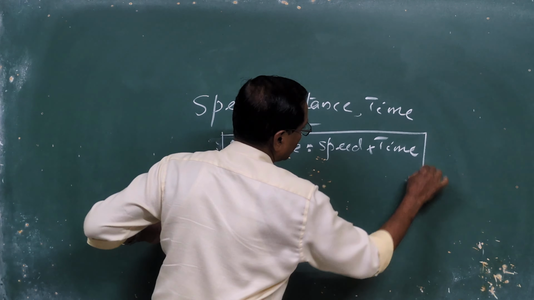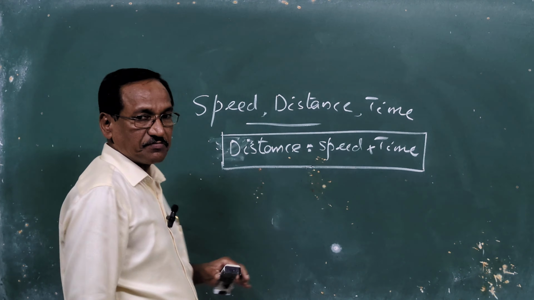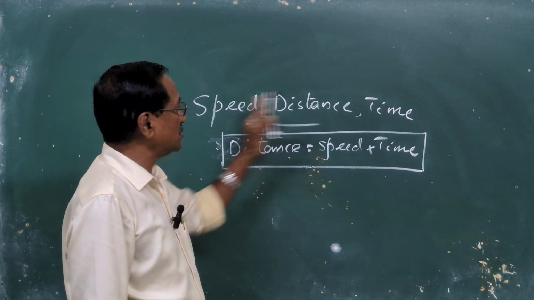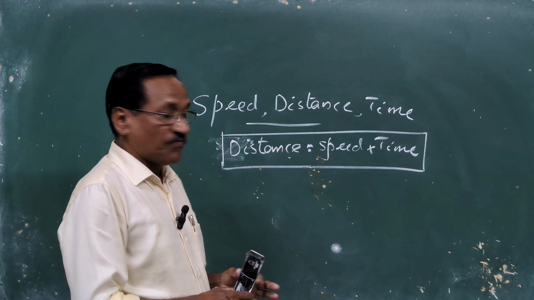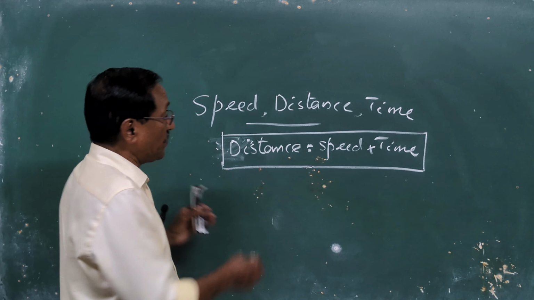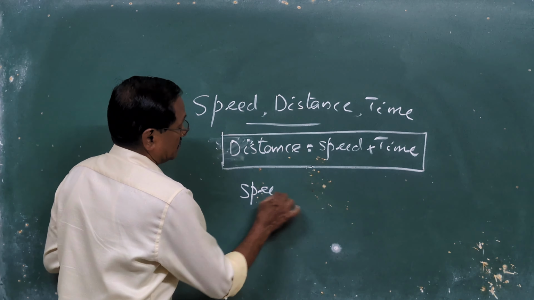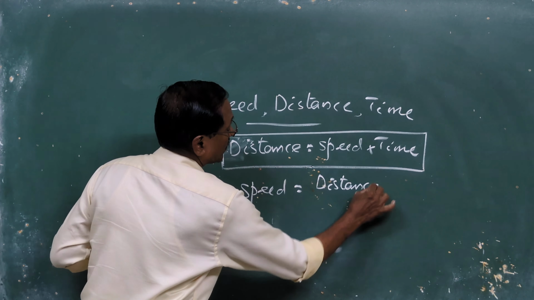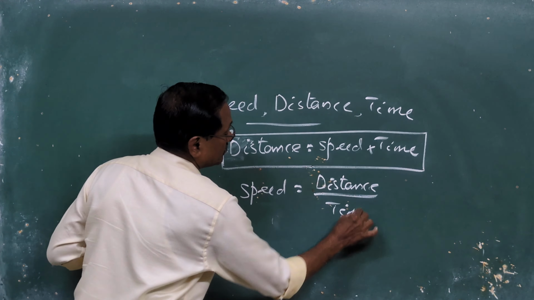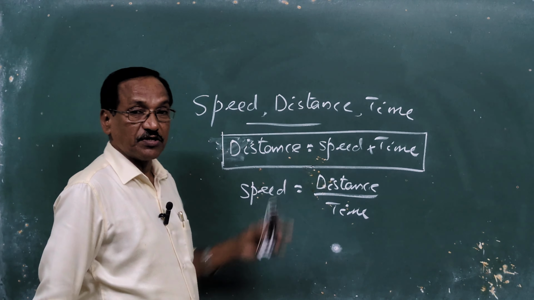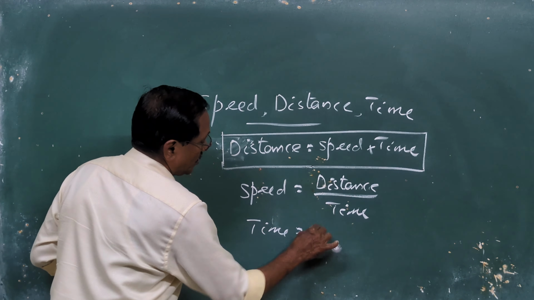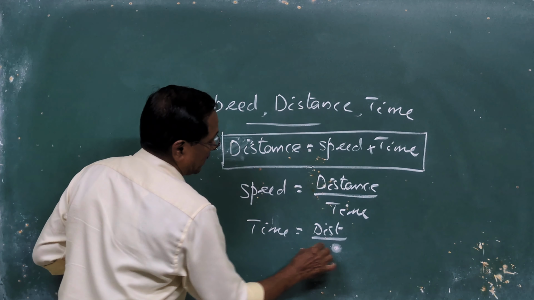Distance equal to speed into time. That is the formula connecting these three terms. From this formula, we can find the speed as distance divided by time. Speed equal to distance by time, and time equal to distance by speed.